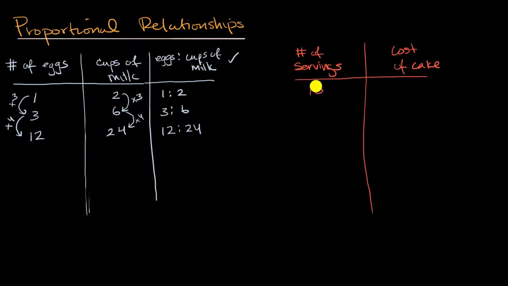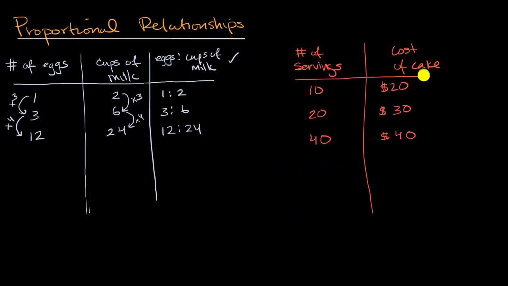If you have 10 servings, the cake costs $20. If you have 20 servings, the cake costs $30. And if you have 40 servings, the cake costs $40. Pause this video and see if you can figure out whether this is a proportional relationship. If it is, why? If it isn't, why not?